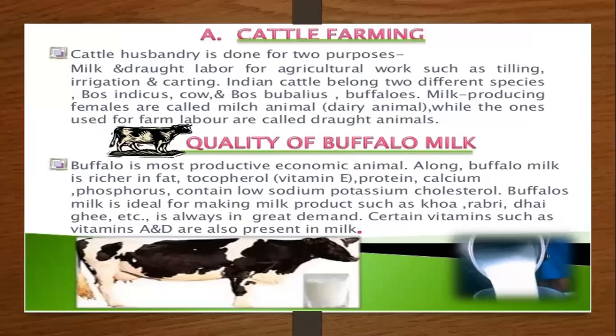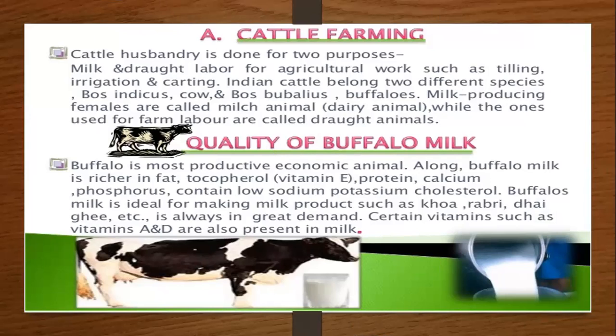Then again, the quality of buffalo milk. Suppose we have a big cattle farm. We are going to see which types of animals are there and how much milk they can give. Usually some special types of doctors take care of these animals.